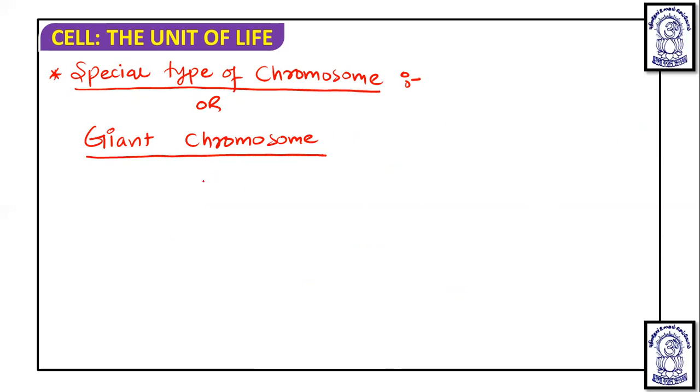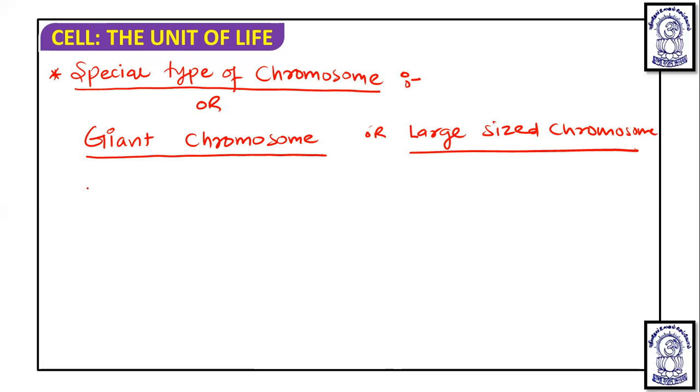Because they are large sized, so we can also call them large sized chromosomes. In some organisms, the chromosome assumes a specific structure in specific tissue and becomes large sized.